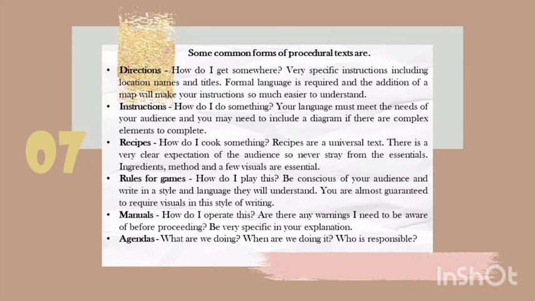Are there any warnings I need to be aware of before proceeding? Be very specific in your explanations. And the last, agendas. What are we doing, when are we doing it, and who is responsible?